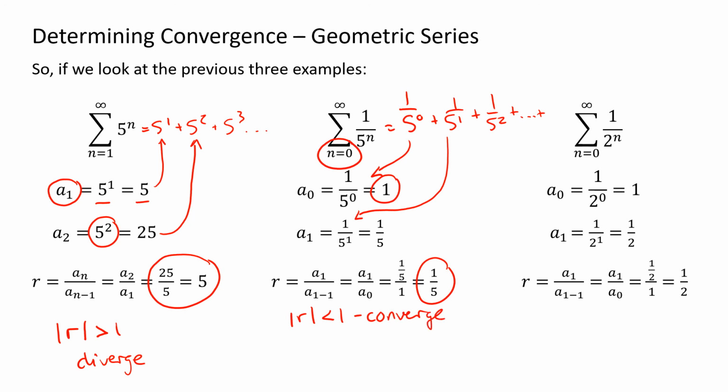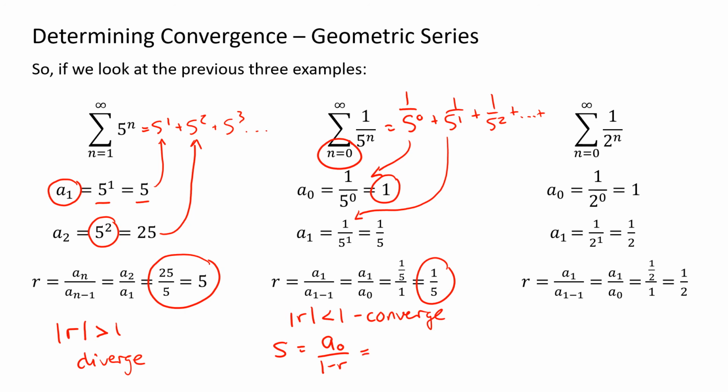So we can actually calculate what it converges to. Remember that sum is equal to the first term, in this case a0, because it's our first term, divided by 1 minus this ratio.